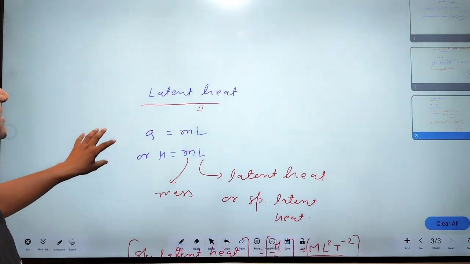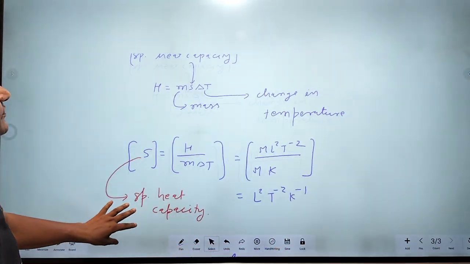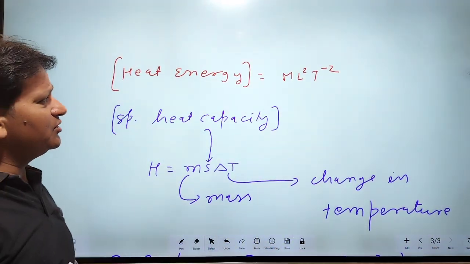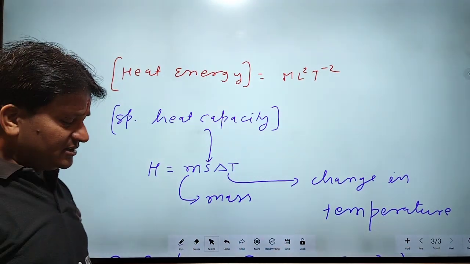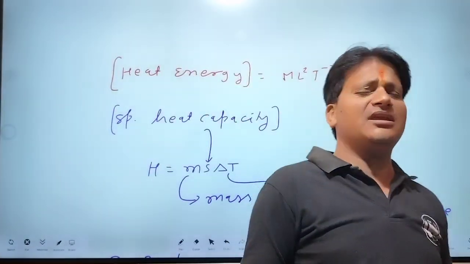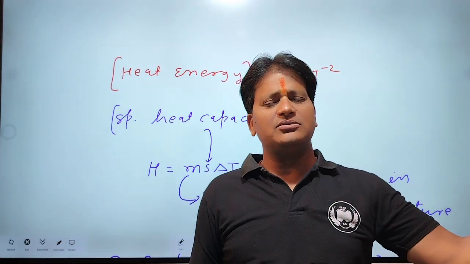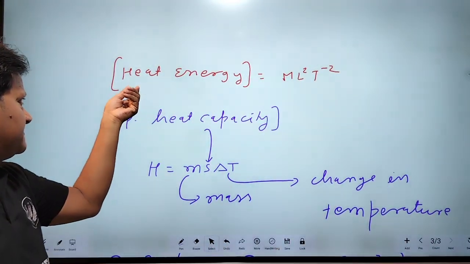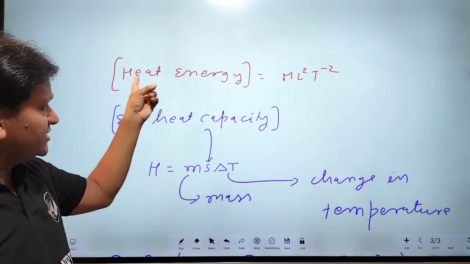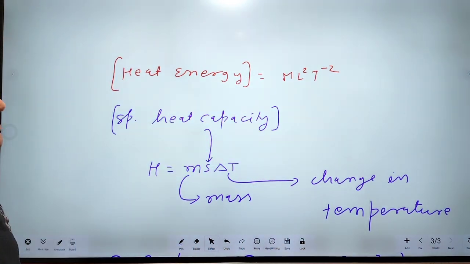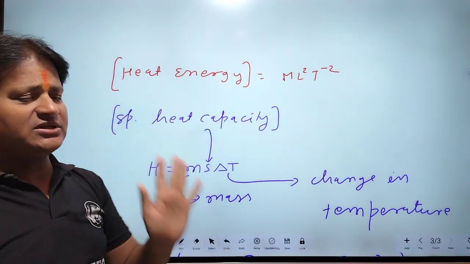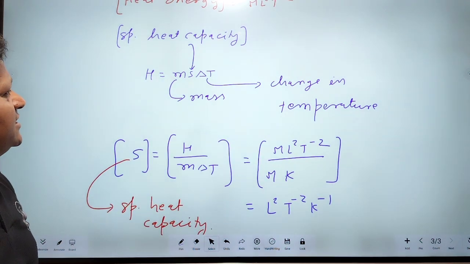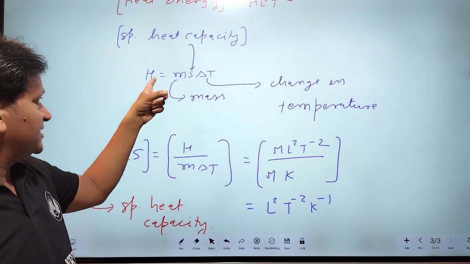Now I am going to discuss like this. This is heat energy. I have already said that dimension of any energy will be equal to work. Therefore, here dimension of heat energy is ML 2 T minus 2. This will be equal to dimension of work. A specific heat capacity is defined like this.